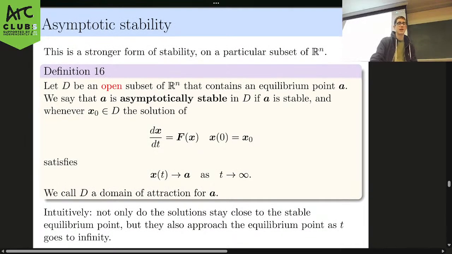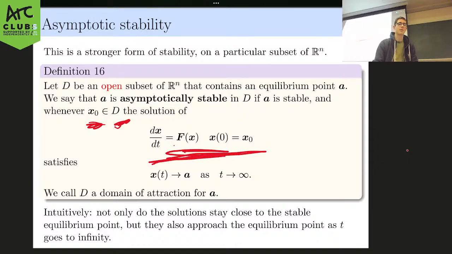In the specific subset D, which in R2 would pretty much be a domain because it's an open subset, we say that the equilibrium point is asymptotically stable if, first of all, it's already stable, and for all initial data x0 in our domain of attraction D, the solution to the differential equation starting at x0 approaches A as t approaches infinity.